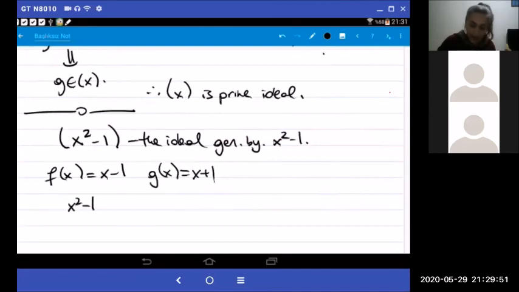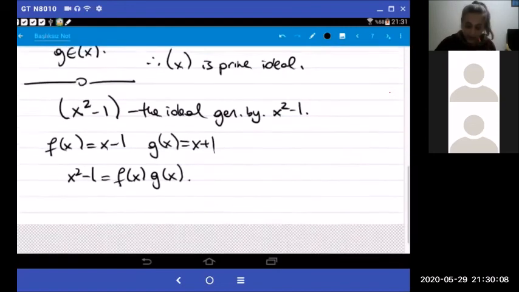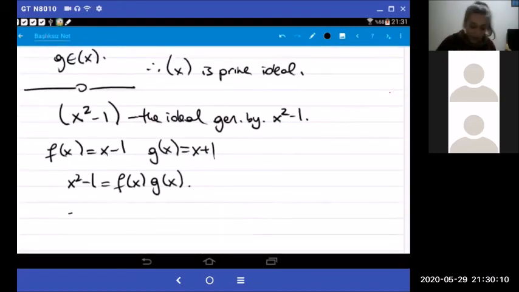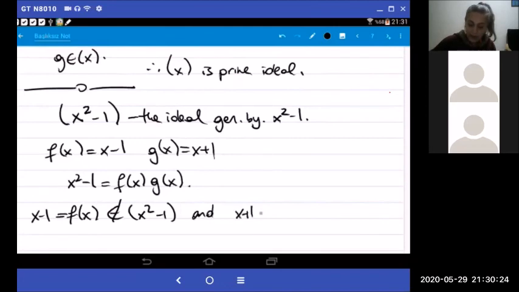Now, x squared minus 1, you can write this one as f of x times g of x, but f of x, which is x minus 1, is not in the ideal generated by x squared minus 1, and x plus 1, which is g of x, is not in the ideal generated by x squared minus 1.